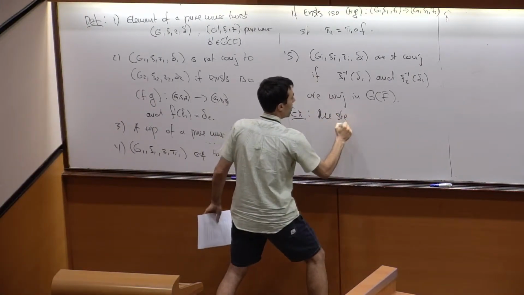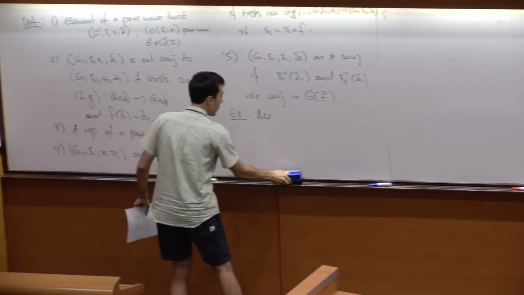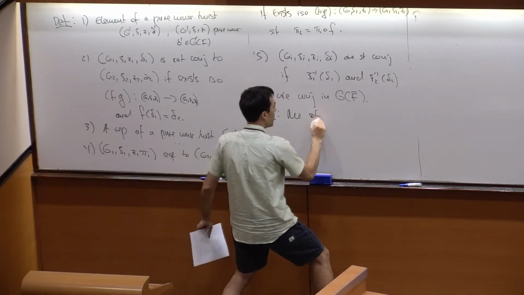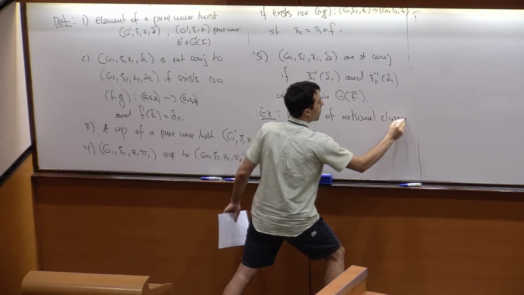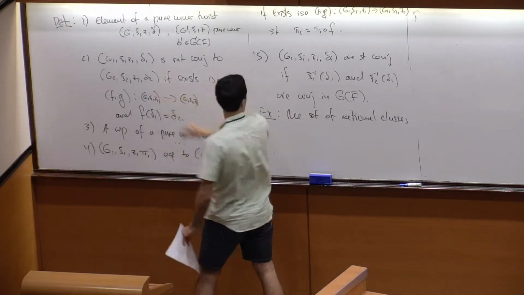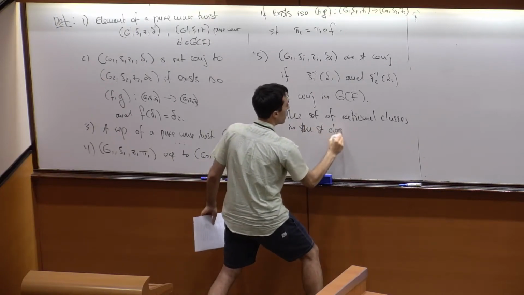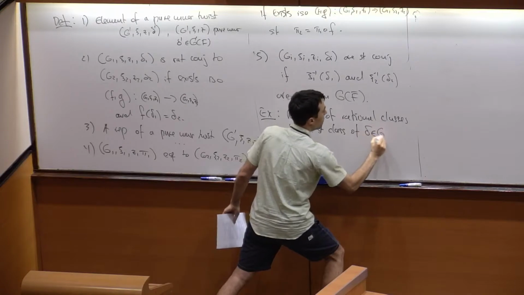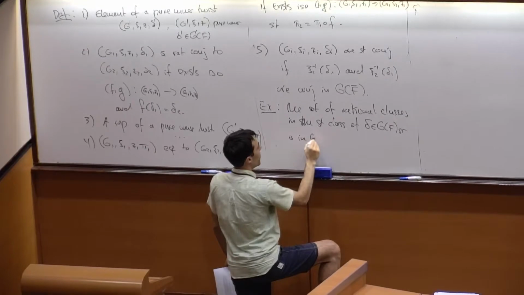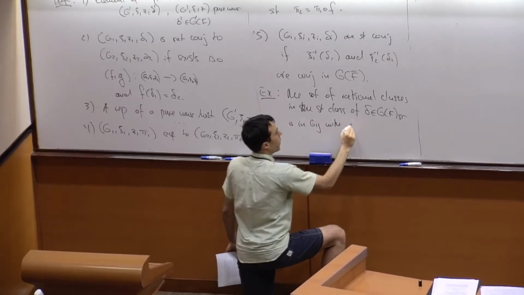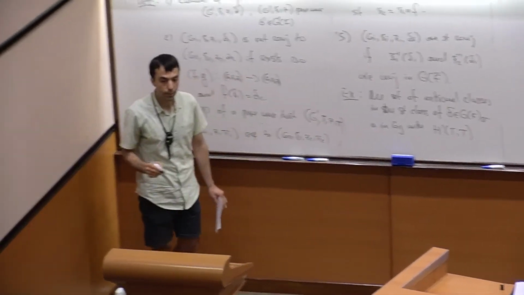The set, oops, that's not how you write set. The set of rational classes, rational with respect to this definition 2, in the stable class of delta in G of F strongly regular is in bijection with H1 gamma T. Notice there is no kernel anymore.